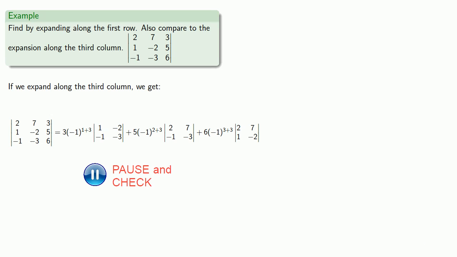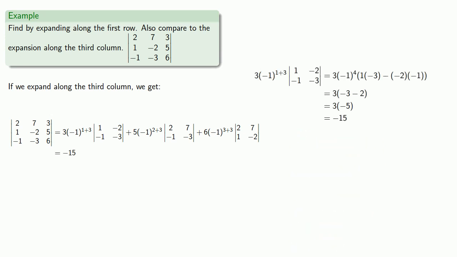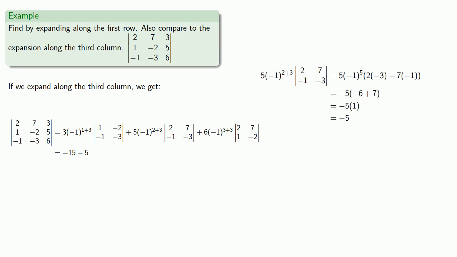And we'll find those determinants. And when we add everything together, we get a determinant of negative 86.